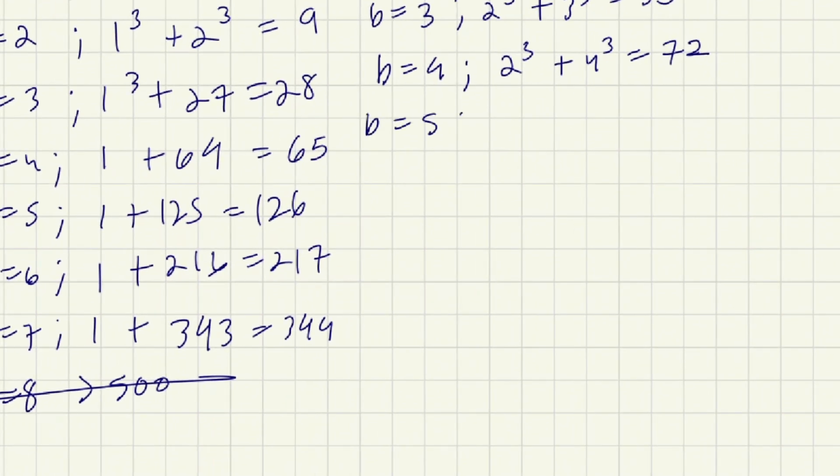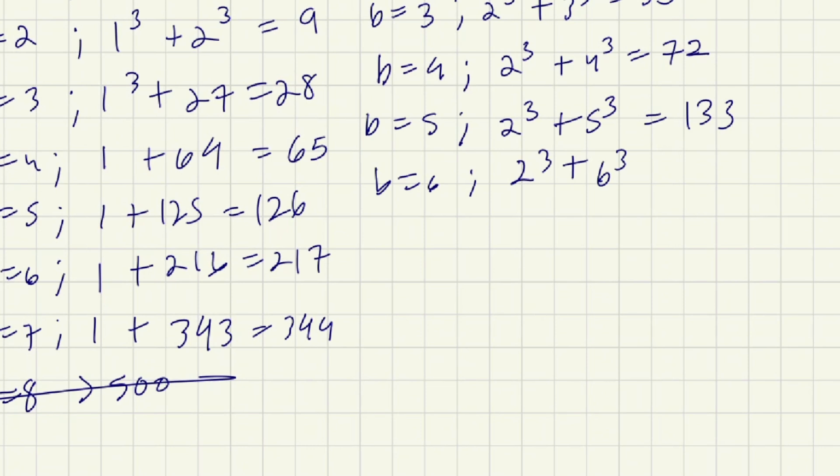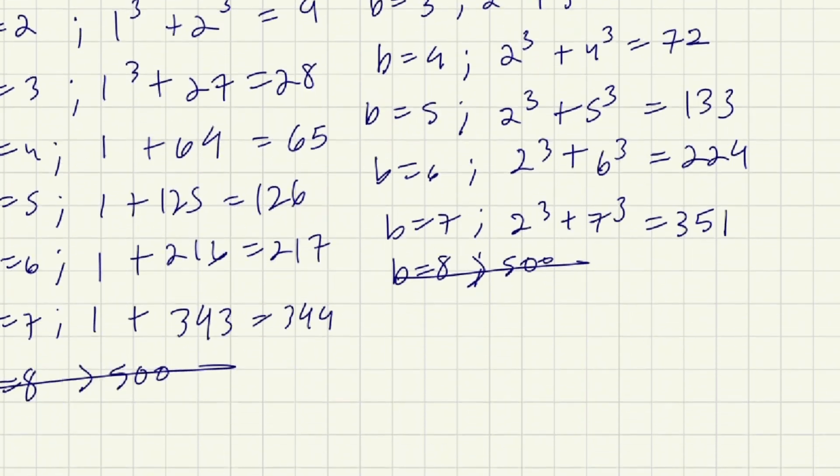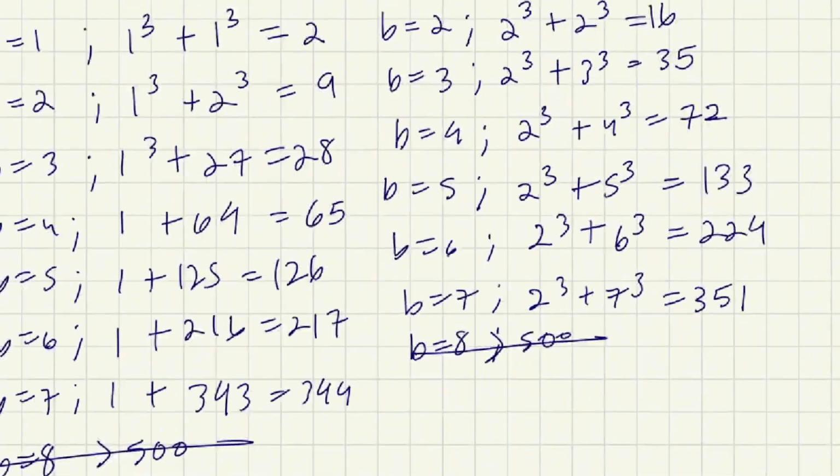When b equals 5, we have 133. When b equals 6, 2 cubed plus 6 cubed is 224. When b equals 7, 2 cubed plus 7 cubed is 351. When b equals 8, we get a number greater than 500, so we do not include that, and that is where our case ends.